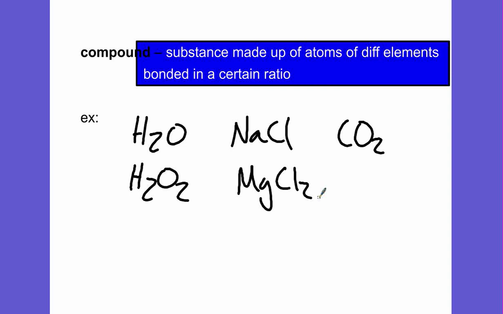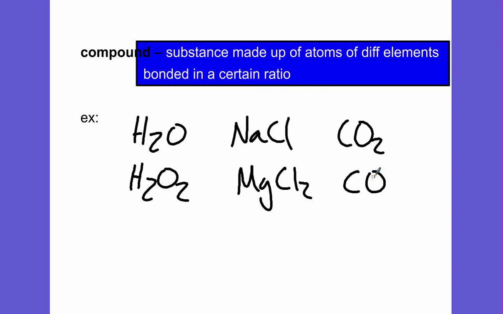Carbon dioxide has two oxygens. You guys should recognize this compound as carbon monoxide, right? You might have a carbon monoxide detector in your basement. You should if you have a gas furnace. Right? You should have one of those just in case, because it's odorless, colorless, toxic, right?